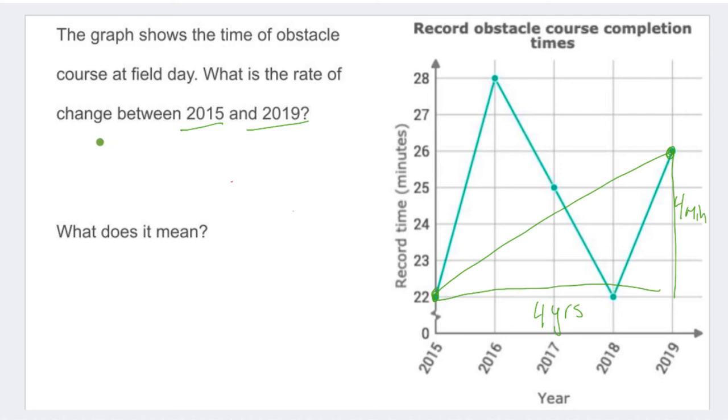If we set up the slope formula, we've got 26 minus 22 over 2019 minus 2015. 4 minutes over 4 years is 1 minute per year.